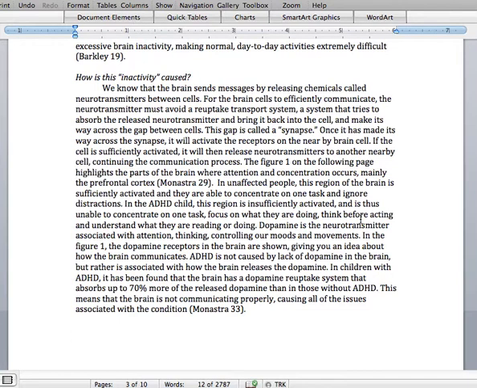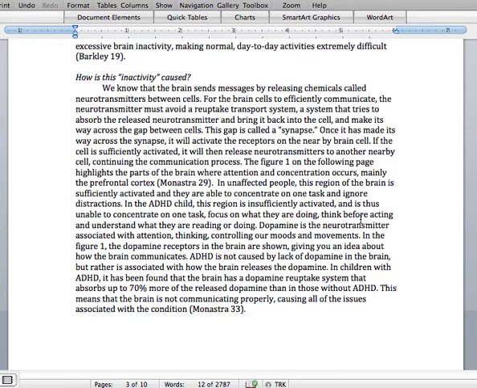How is this inactivity caused? We know that the brain sends messages by releasing chemicals called neurotransmitters between brain cells. For the brain cells to efficiently communicate, the neurotransmitter must avoid a reuptake transport system. This system is basically something that tries to absorb the released neurotransmitter and bring it back into the original cell.